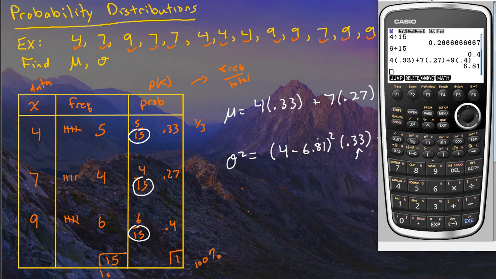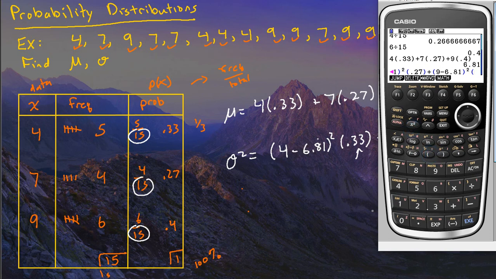So let's put that all in. That one's a 33% chance, plus the next one is 7 minus 6.81. Square it, and there was a 0.27 chance for a 7, plus 9 minus 6.81.